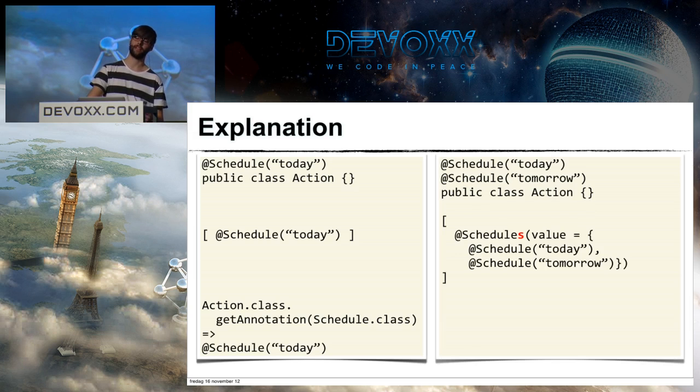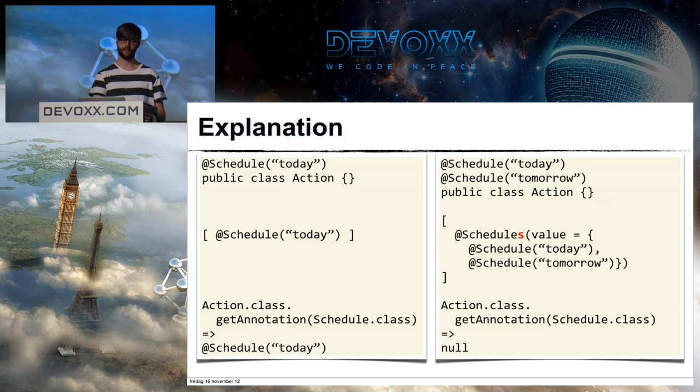There is a Schedules that contains the schedules. And so when we go looking for Schedule, sorry, without the S, we can't find it. And therefore you get null as a result. As I said, I think this is quite bad. You have multiple schedules in your source, none in reflection. This is a bad thing.